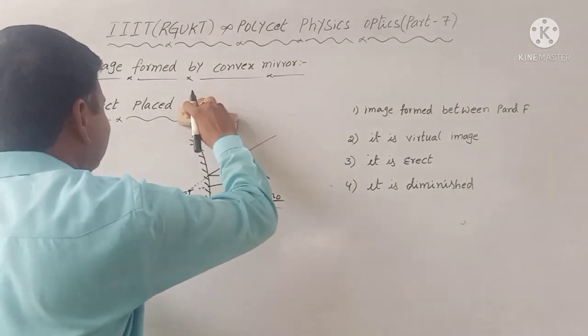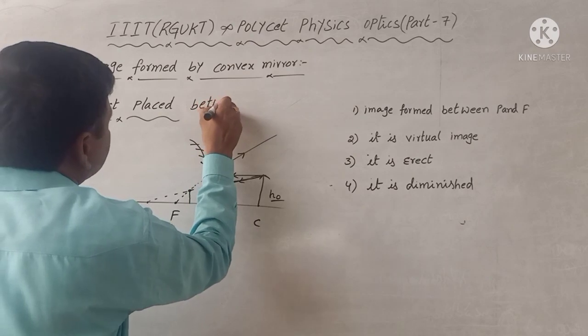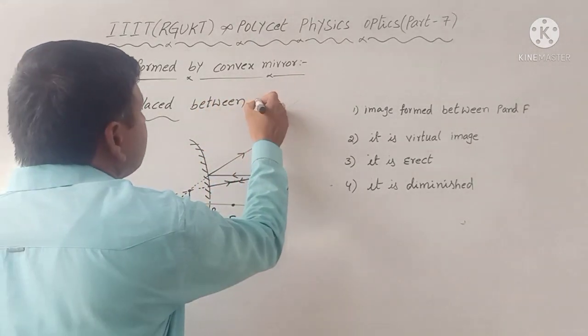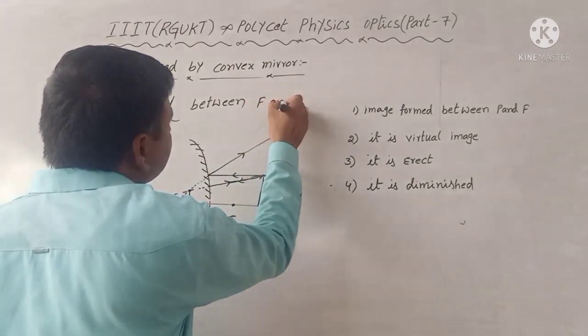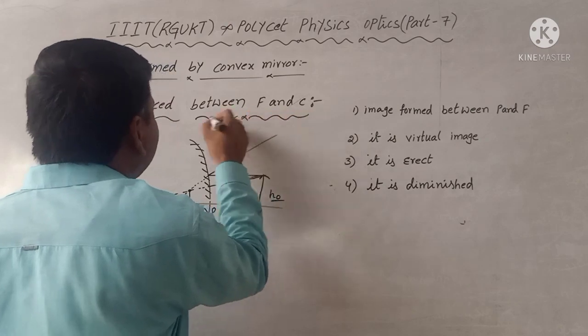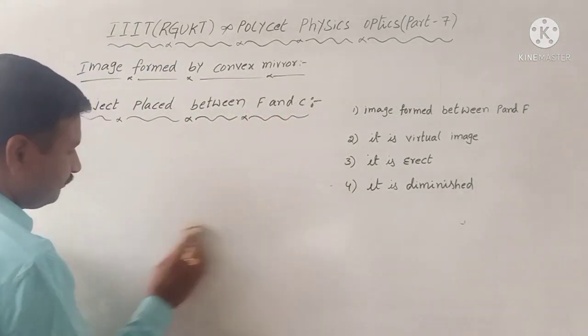Object placed between F and C. Again draw the ray diagram.